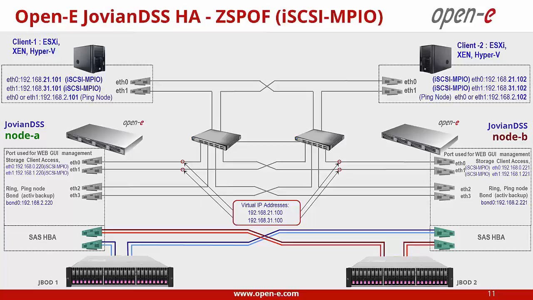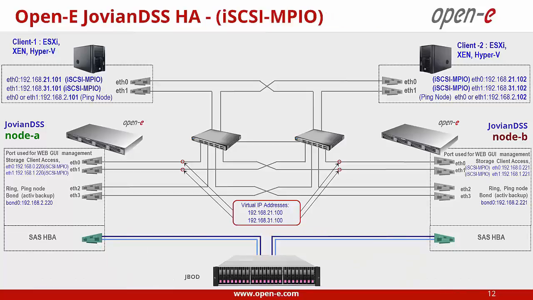So there I was having two JBODs with the option to mirror disks to each other, and in the next one, of course, I can just use a single shared JBOD, and I will not mirror disks over two JBODs. I can mirror these groups within these JBODs, or I am also free to make Z1, Z2, Z3 parities on this. Of course, I can have more JBODs as well. The network topology is identical as before, so I have iSCSI MPIO.